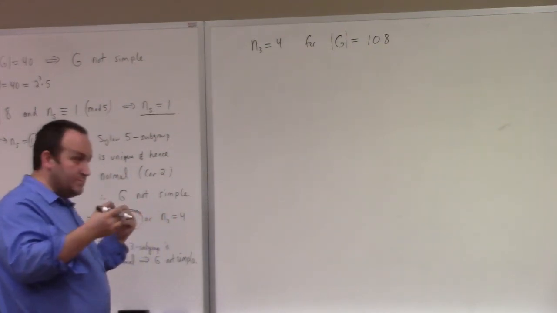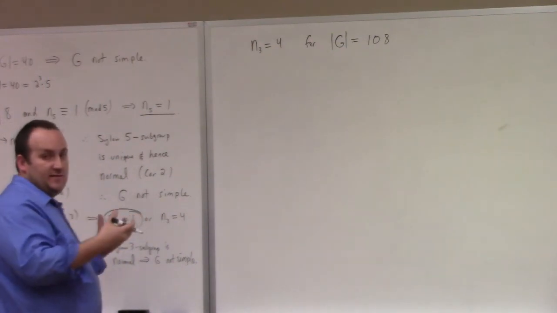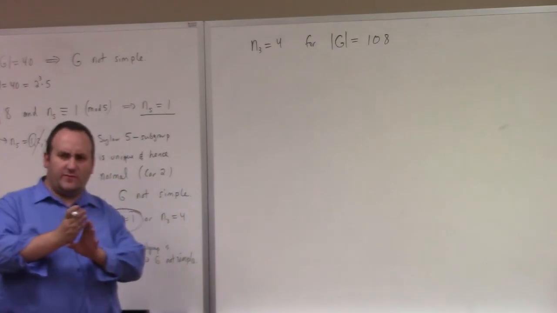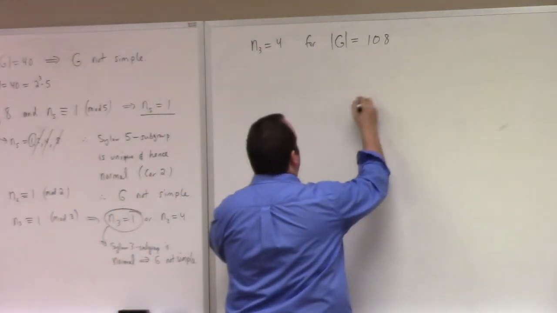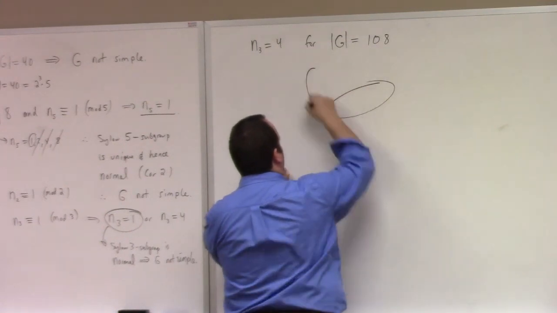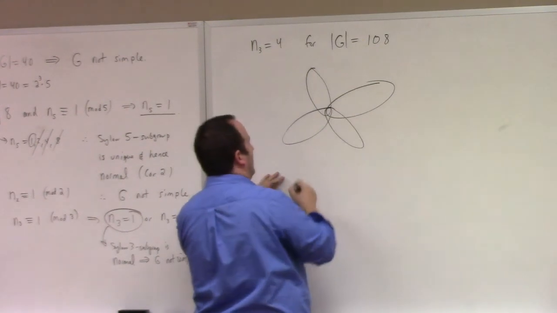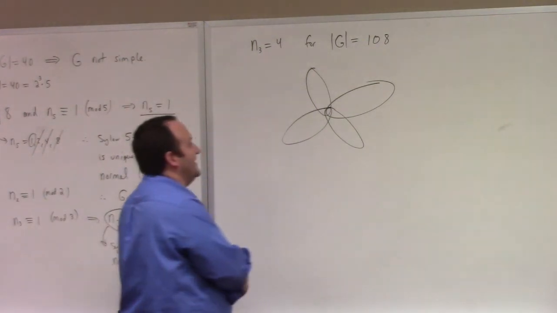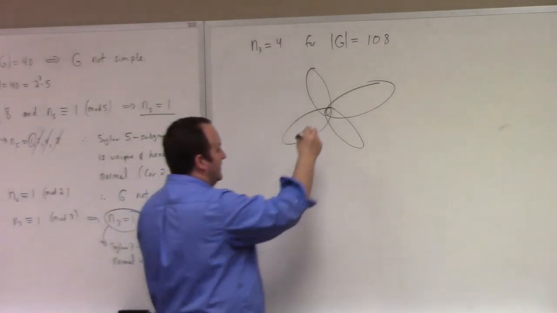They have to be distinct, except, of course, they always overlap with the identity. You can think about them like this. They have to be the same size, but they overlap with the identity.